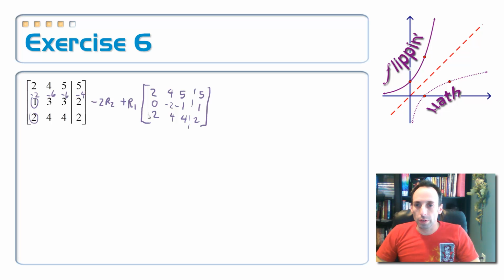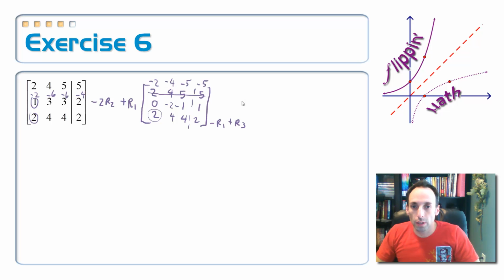Now I need to get rid of this 2. To get rid of that 2, I'm just going to do the top equation times -1. So how about I do a negative row 1 plus row 3 to replace row 3. My new top row, just for addition's sake, is going to be -2, -4, -5, -5. But whenever I go to write it down, I'm going to write down the original numbers. 2, 4, 5, and 5.